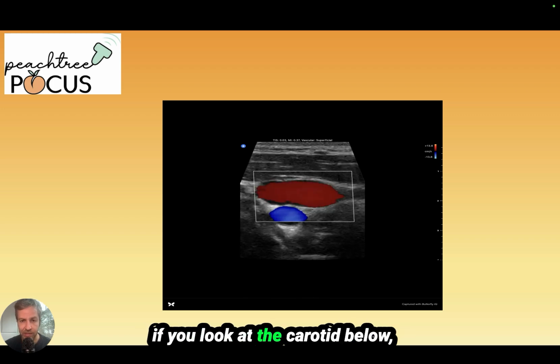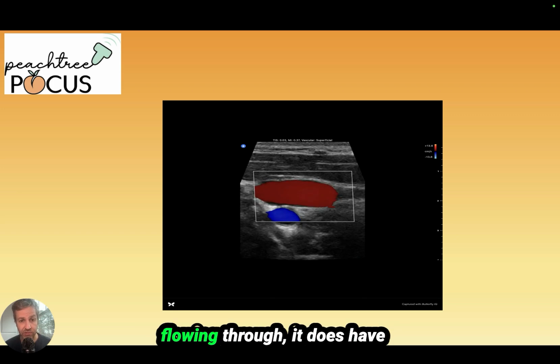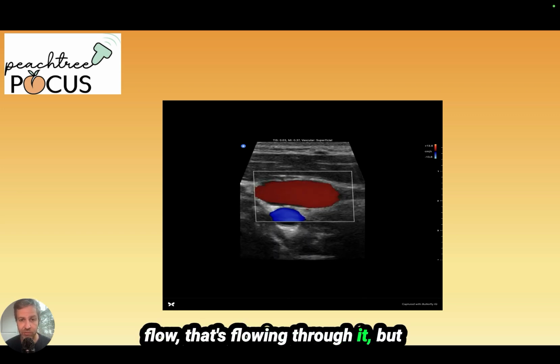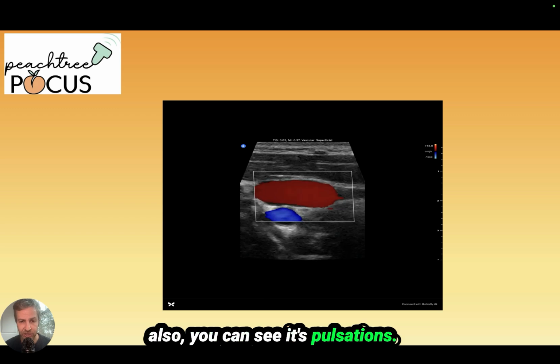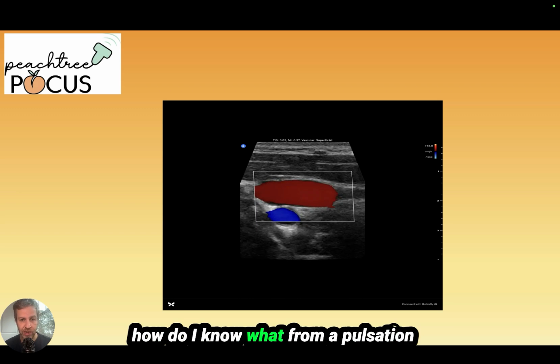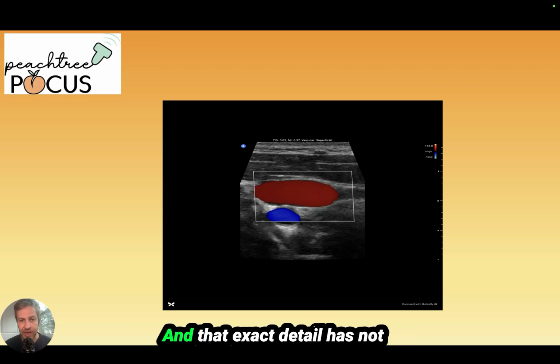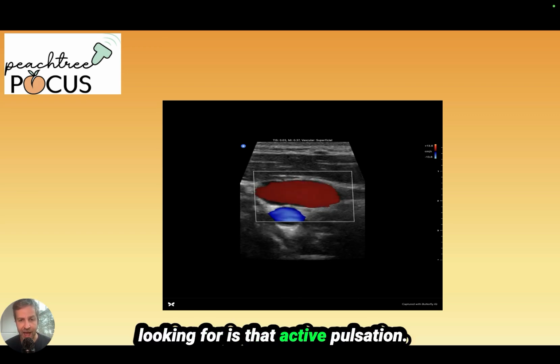If you look at the carotid below, you can see that it pulsates. So not only does it have flow going through it, but you can also see its pulsations. A good question you might ask is, what's considered to be the equivalent of a pulse with my hand, from a pulsation standpoint? That exact detail has not really been borne out yet. But today, what you're really looking for is that active pulsation.